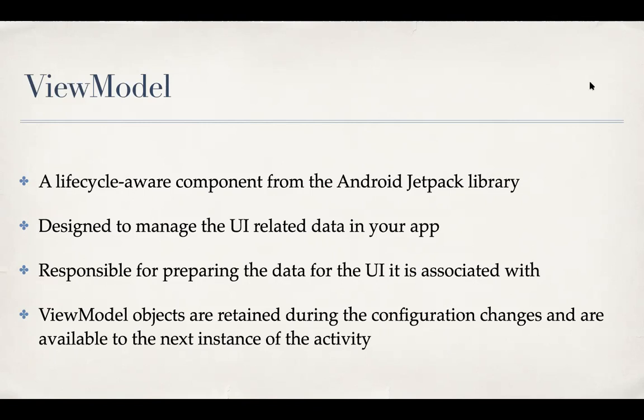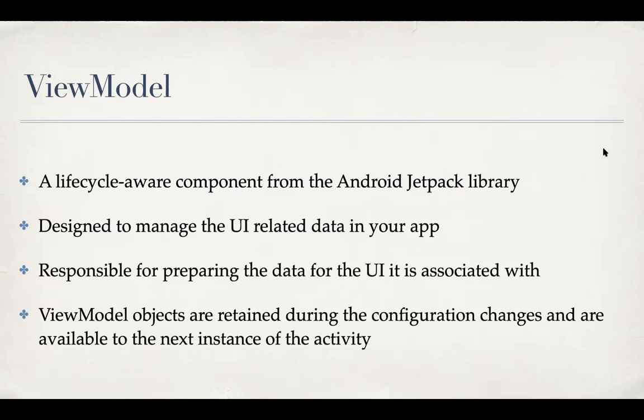And they are responsible for preparing the data that the UI is associated with. So for simple apps like ours as of now, the view model itself can serve as a model, but later there can be a different model, and a particular version of that model is served through each UI's view model.